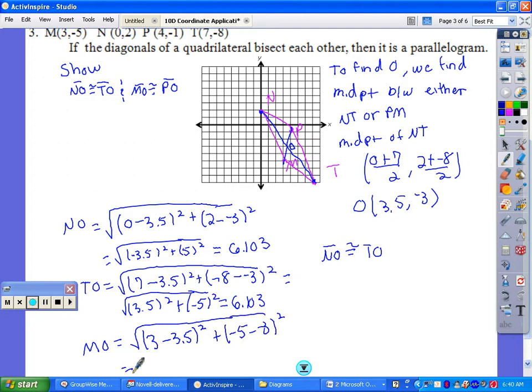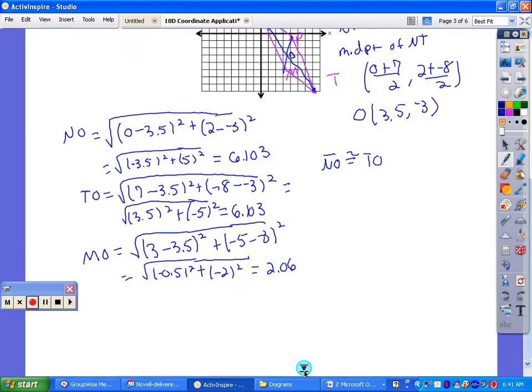And we're going to simplify that, so we get negative 0.5 squared plus negative 2 squared, and if we simplify that, we get 2.06.